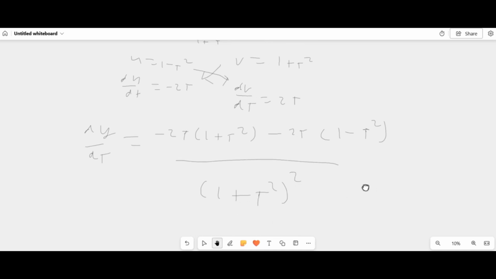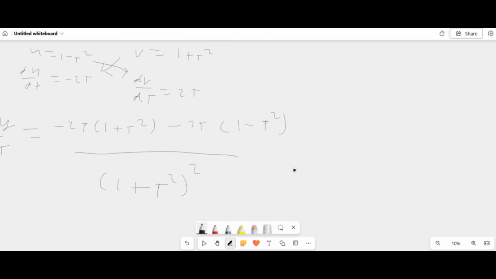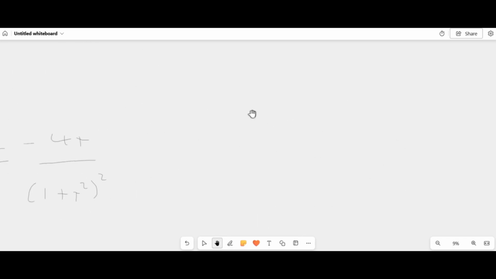Now tidy up the top. Negative 2 times t is going to make negative 2t cubed, and negative 2 times t here is going to make positive that, so they're going to cancel. And then minus 2t is 1, minus 2t is another 1, that together is negative 4. So negative 4t over 1 plus t squared, squared.